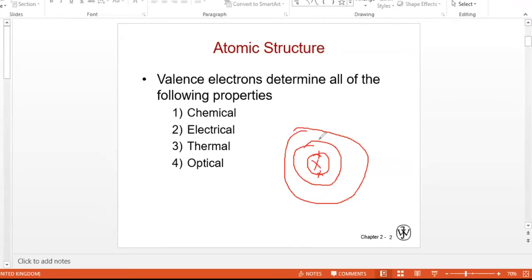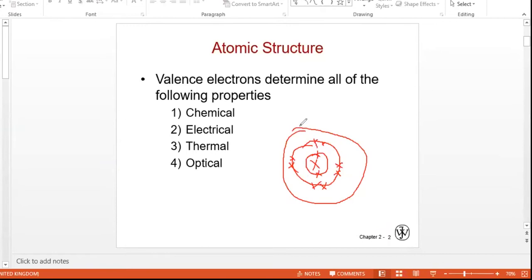Imagine the second shell is also full; it can have a maximum of 8 electrons. Now this one is the last shell, and say it has only 2 electrons. In this case, these 2 electrons are the valence electrons.